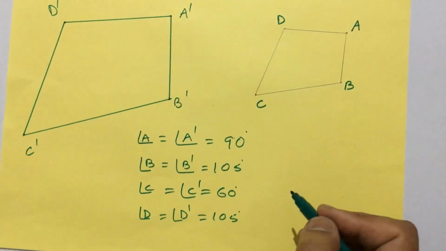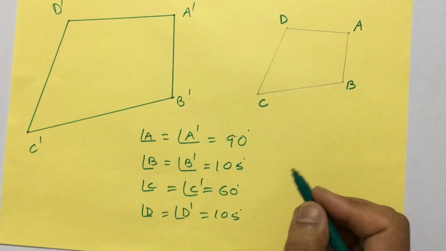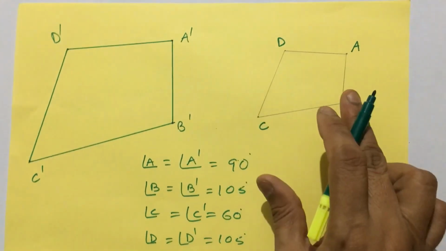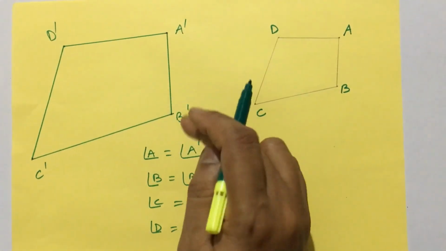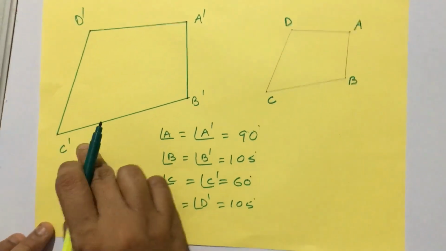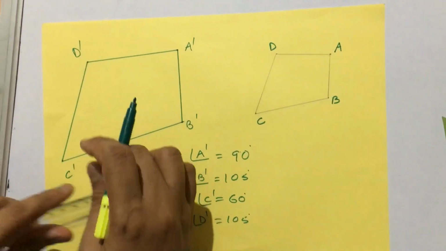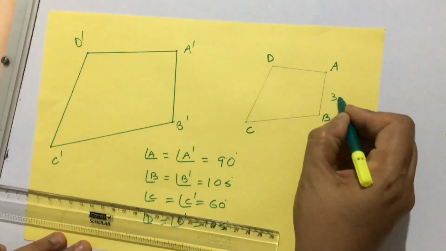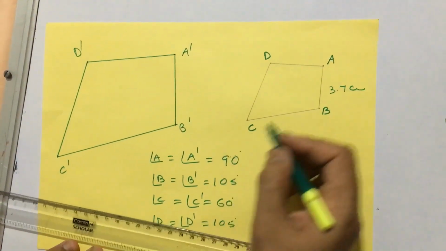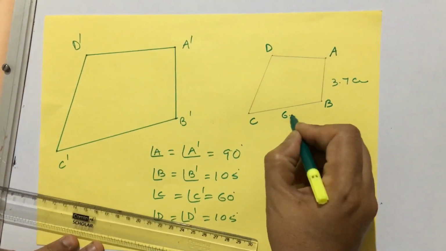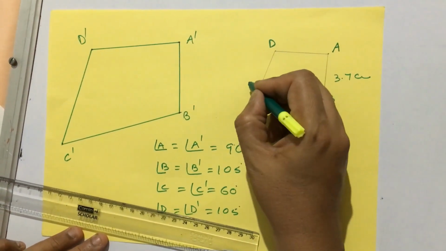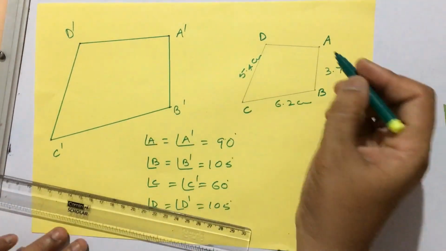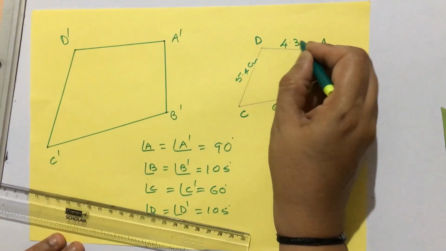I have also taken the measurements of AB, BC, CD and DA, and also A dash B dash, B dash C dash, C dash D dash, and A dash D dash. I observed that AB is 3.7 centimeters, BC is 6.2 centimeters, CD is 5.4 centimeters, and AD is 4.3 centimeters.